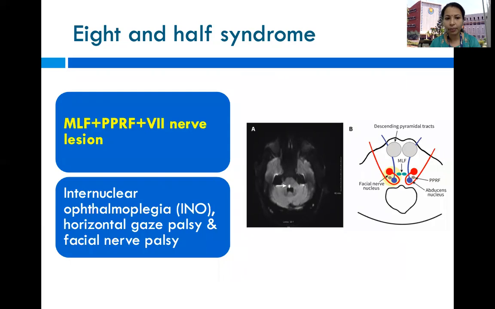So the patient develops internuclear ophthalmoplegia, horizontal gaze palsy, as well as facial nerve palsy. So this can occur in central neurological diseases like demyelination or ischemia following any brainstem infarct. And because you have a 1.5 syndrome combined with seventh nerve palsy, it is known as the 8.5 syndrome.